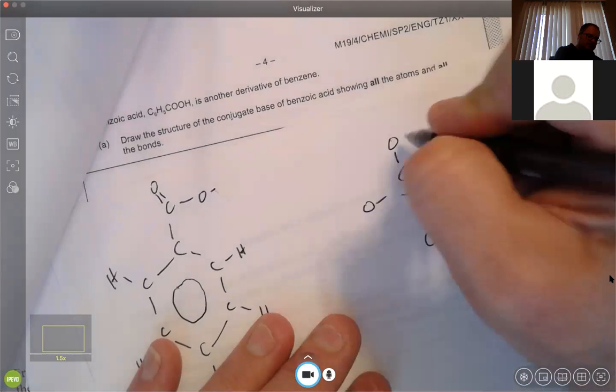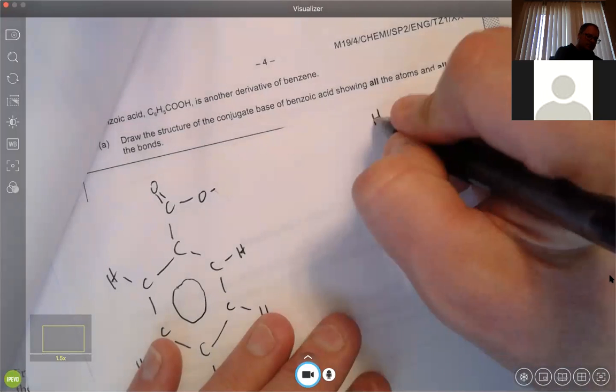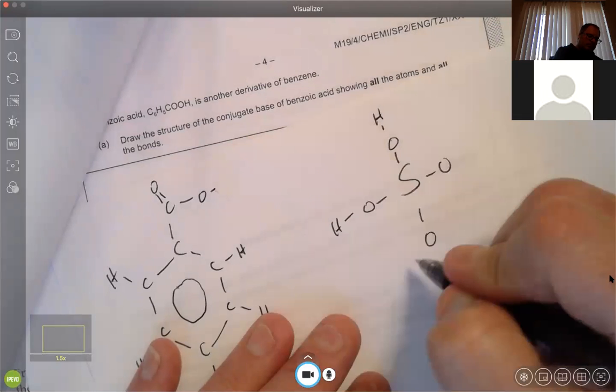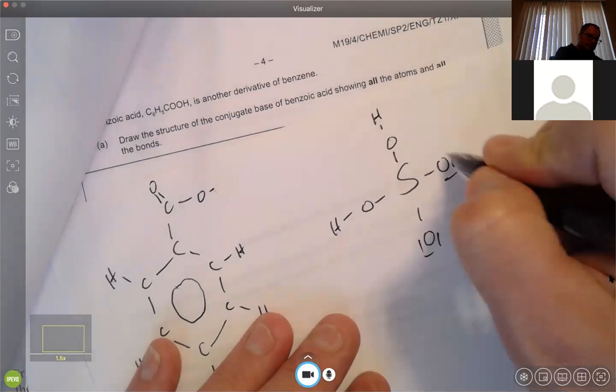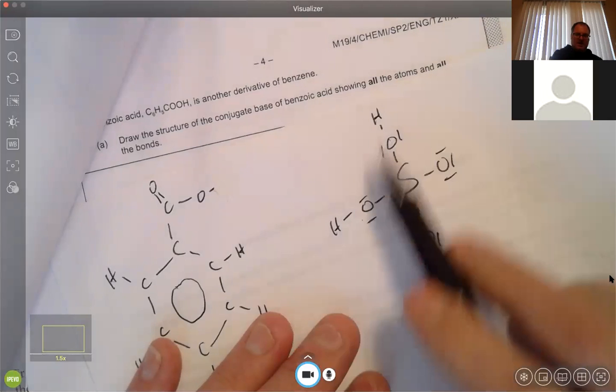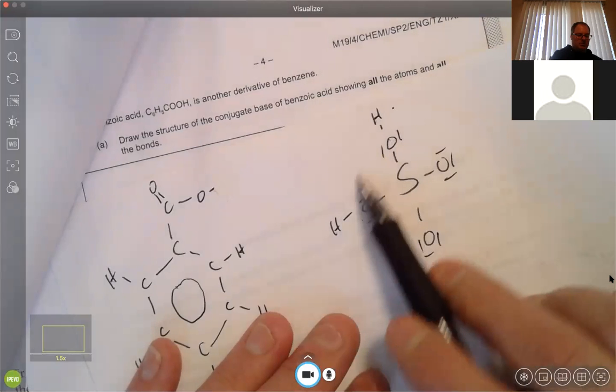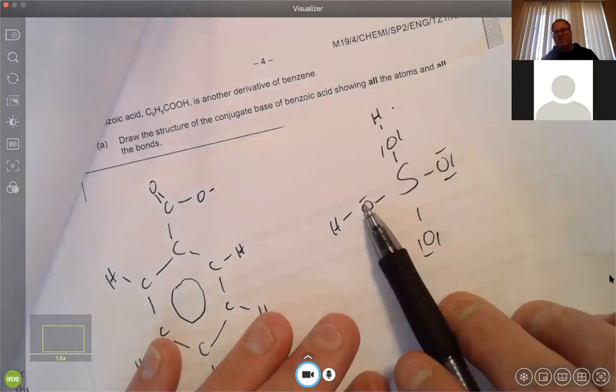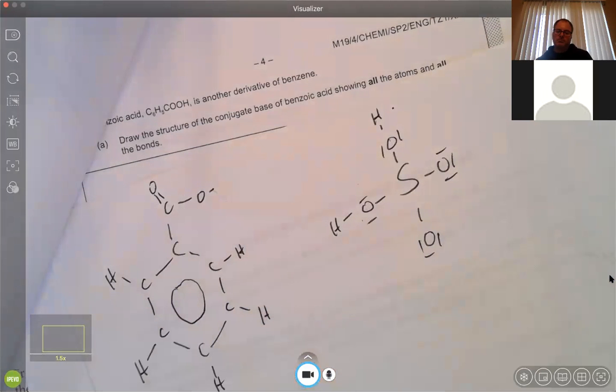These are the H's. They're always attached to the O's. I mean, yeah, but in that case, they're both attached to O's.